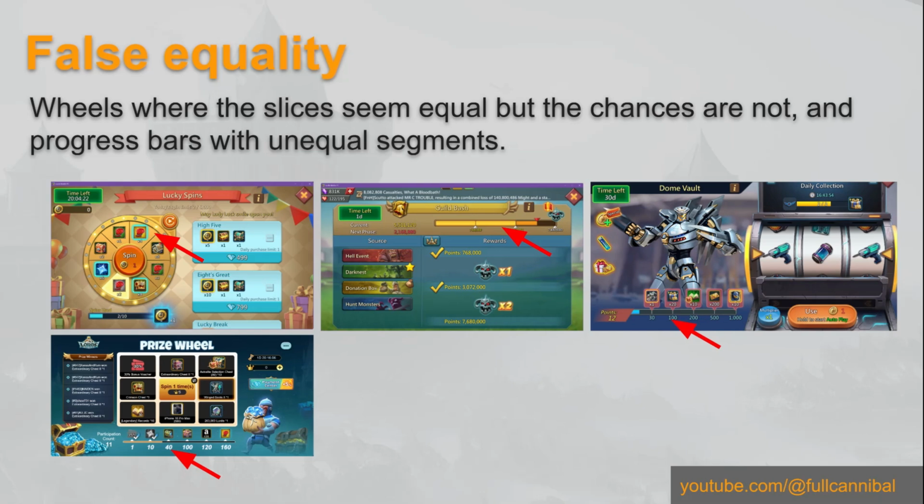No. Each one of these things on there has different drop rates, different rates of occurrence. So spinning that wheel, the chances of getting that golden main drop is really, really low compared to the chances of getting the gray mains, as an example.